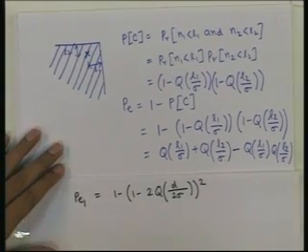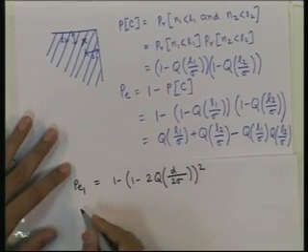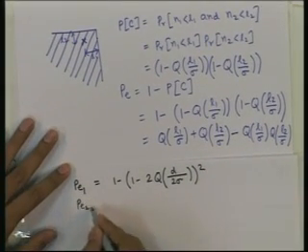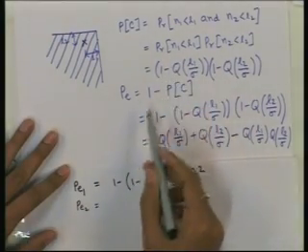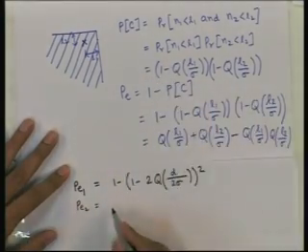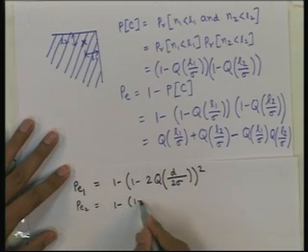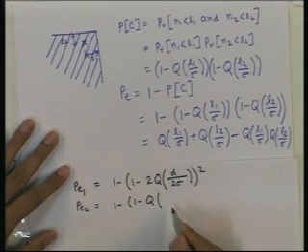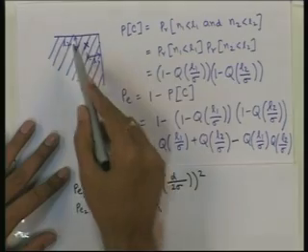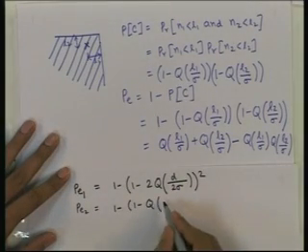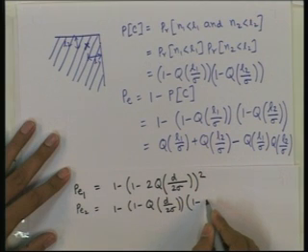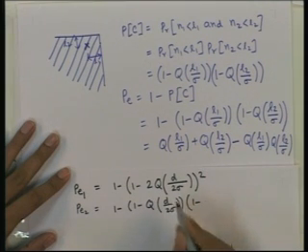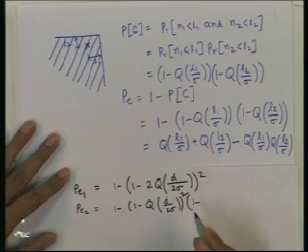Let us denote it by PE2. This is 1 minus this product. So, 1 minus Q, and both L1 and L2 in this case are d by 2. So, Q of d by 2 sigma, times 1 minus Q, again the same quantity. So, we will have the square of this.